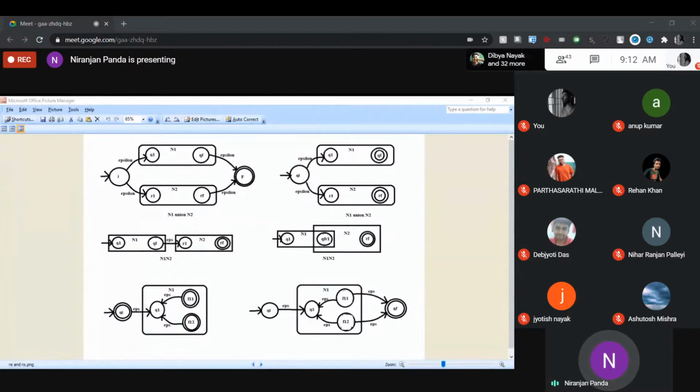Under these operations, the finite automaton is closed. And whatever I am saying is the discussion of the previous class. Any doubt from your side, you can ask. No doubt at all?